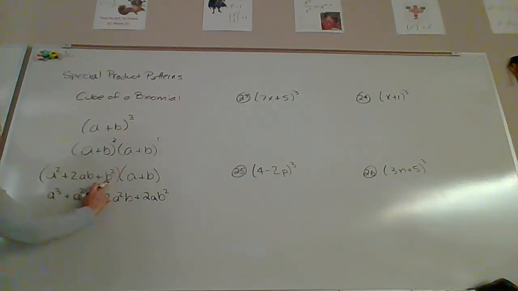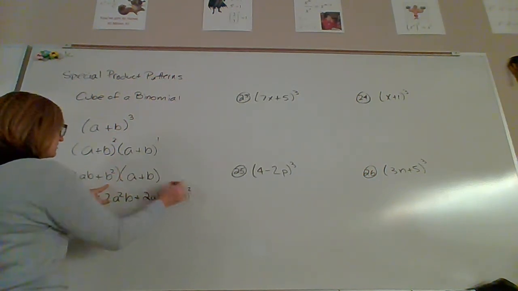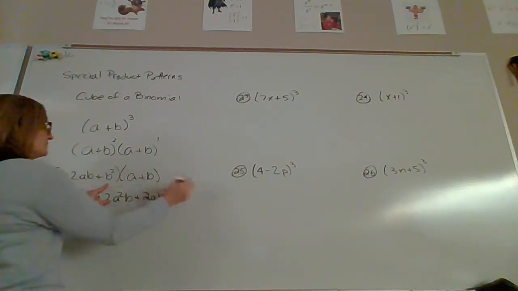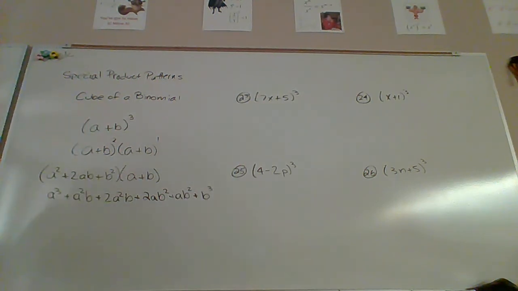Then we move on to the b squared. B squared times a is ab squared, and b squared times b is b to the third. All right, so that looks like a really long, obnoxious pattern, and it is for now, but we are going to simplify it by combining our like terms.